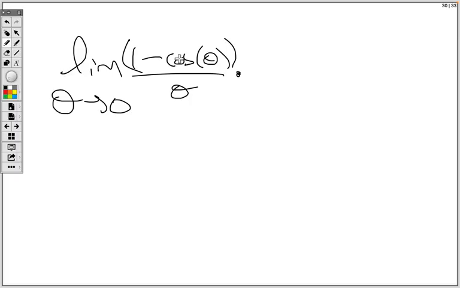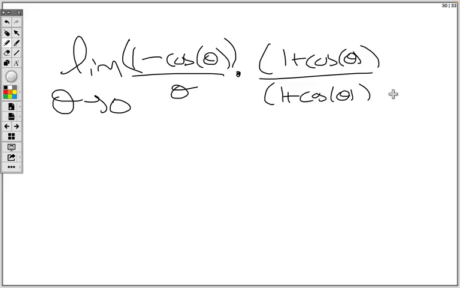So that word conjugate comes up again. So let's multiply numerator and denominator by that. Now, why are we doing that? Because we know that if we use a Pythagorean conjugate, we're going to be able to exchange cosine squareds for sine squareds.